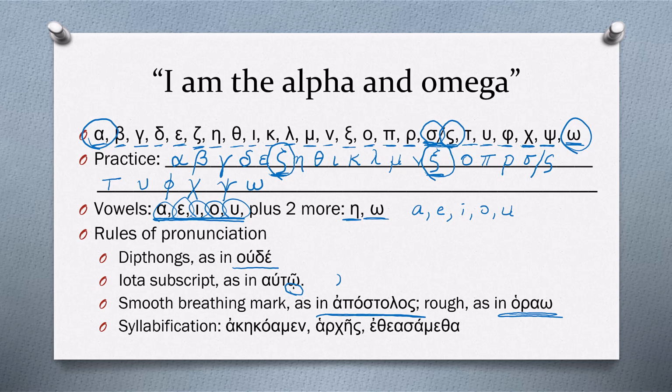So if we take a word like akekamen, which means we have heard, we would divide it up like this. It would be a, ke, ka, a, men. Usually the syllables end with a vowel sound, but as we can see with the last syllable, they don't always end with a vowel sound. Sometimes the consonant needs to go with what goes before. And so we just pronounce men altogether.